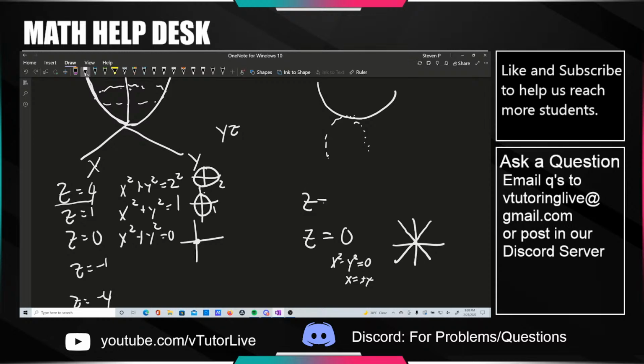When z is equal to positive 1, what do you get? You get 1 is equal to x squared minus y squared. And solving this, you get y is equal to plus or minus the square root of x squared minus 1.